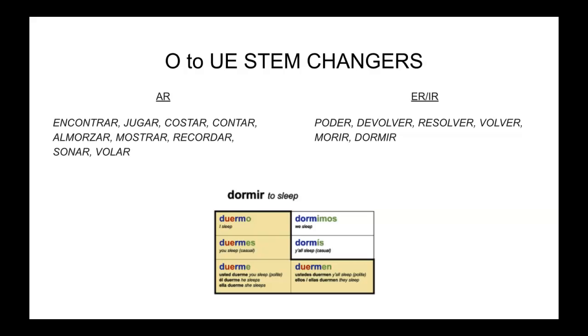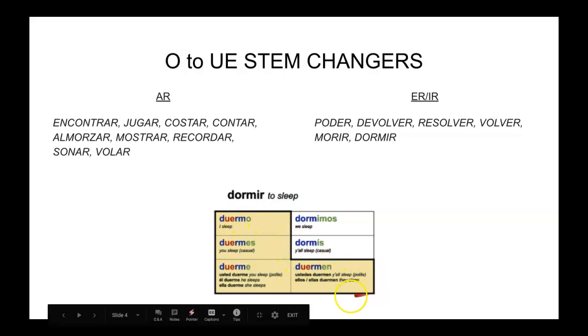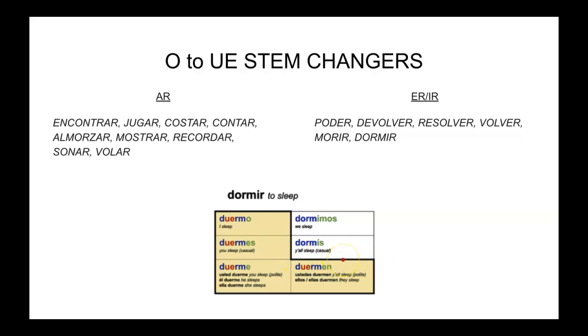Let's talk about O to UE stem changers. O to UE stem changers are verbs that change from O to UE in some of their conjugations. Some people like to teach these as boot verbs because when you look at the chart, it makes the shape of a boot.